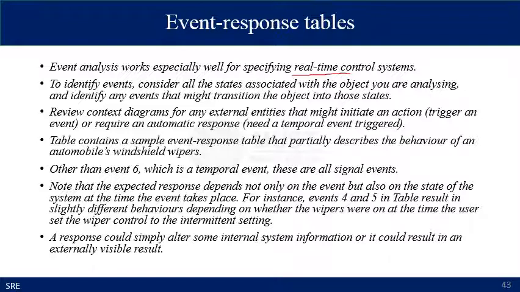To identify events, consider all the states associated with the object you are analyzing and identify any events that might transition the object into those states. So you review the context diagrams for any external entities that might initiate an action, trigger an event, or require an automatic response.